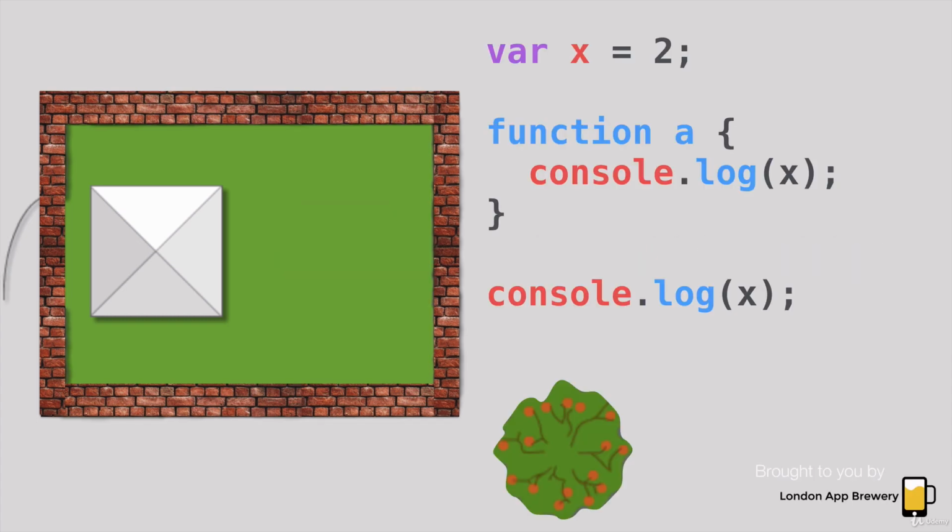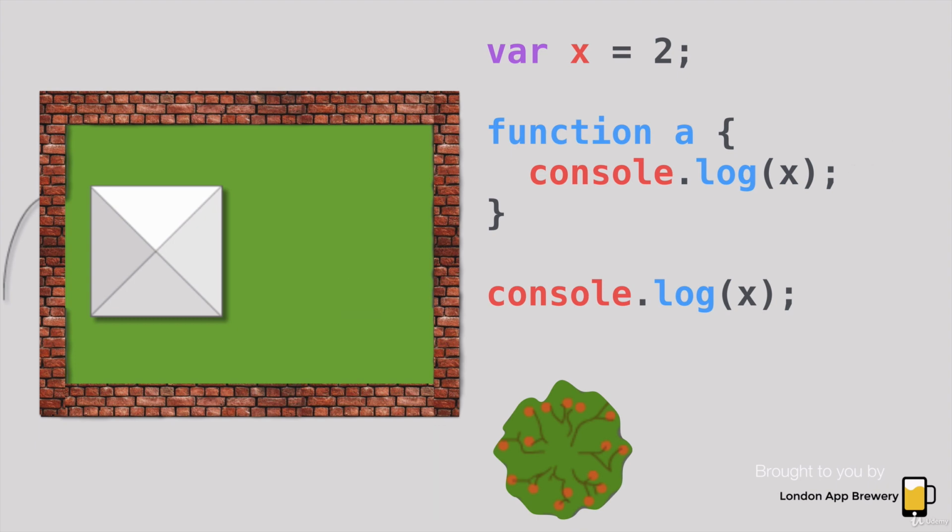Now, here's another scenario. What if instead of creating variable x inside function a, we create it outside the function? So when we write var x, the keyword var states that we're creating this new variable x, and it's created outside the curly braces of any functions. Well, in this case, not only can you use it inside function a, you can also use it anywhere else inside the code file.